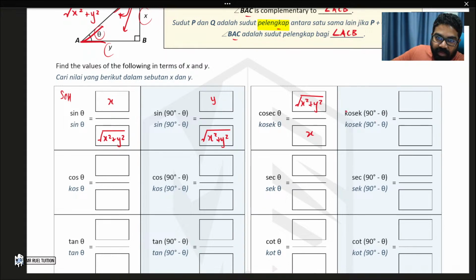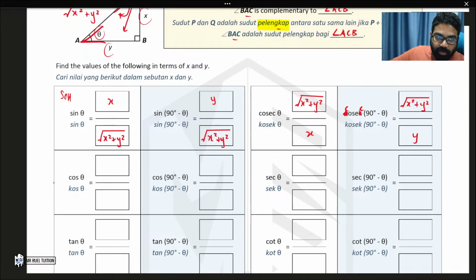Cosec is C in English. Okay, anyway, 90 minus theta will be reciprocal of sine. Salingan bagi sine. So this will be square root of x square tambah y kuasa 2 over y. Everybody clear? Jelas tak kelas? So this is sine and cosecant.